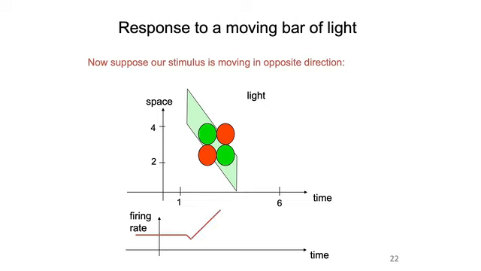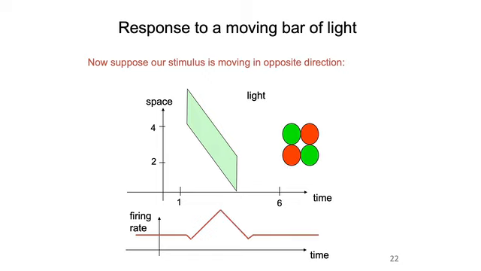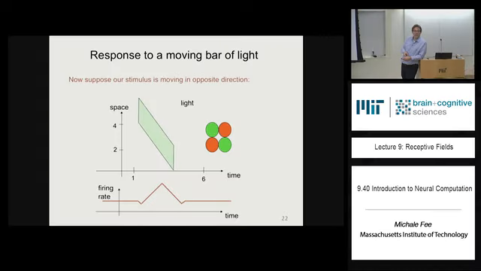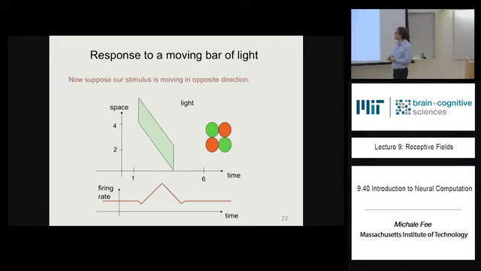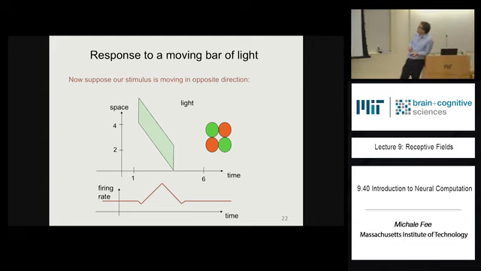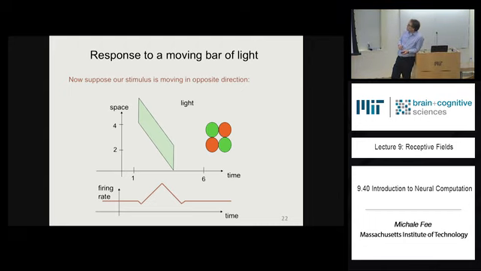You're going to get a big positive peak, and then the stimulus will move out of the receptive field, and the firing rate will go back down to baseline. Okay? Any questions about that?